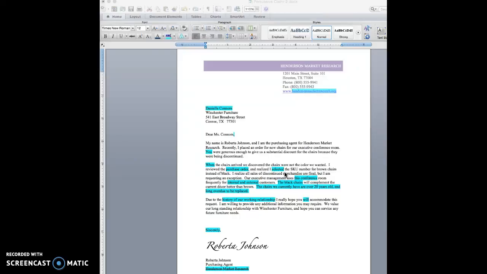I would probably be tempted to say that I typed in the wrong SKU number because a typo is easy to make. Maybe I entered 12345 and I should have entered 12346. And that also is another appeal, if you will, because anybody can make a mistake like that, and even Miss Connors could understand that.